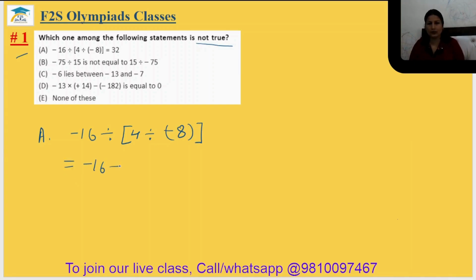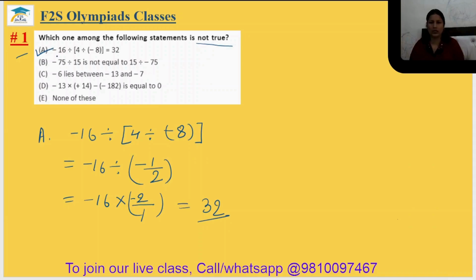Minus 16 divided by 4 divided by minus 8 will be minus 1 by 2, and minus 16 multiplied by 2 by 1, so minus 2 by 1 minus minus plus 32. So yes, option A is correct. Option A is true.